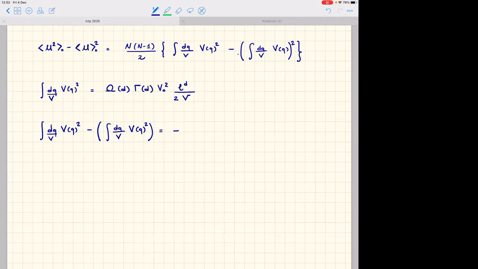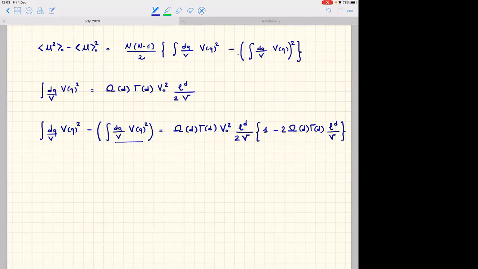I get that this is equal to omega d gamma d times v naught squared times L to the power d over 2V, where V is the volume, times 1 minus 2 omega d gamma d L to the d over V. That's because I have a square here, and therefore I will have the square of the ratio of L to the d over V.